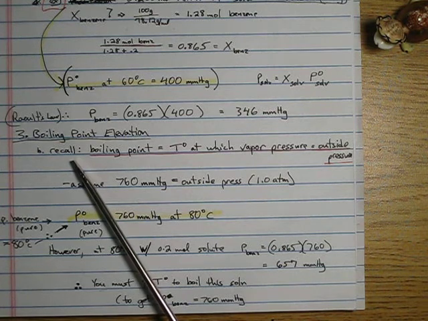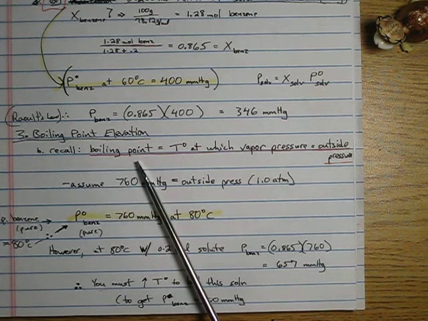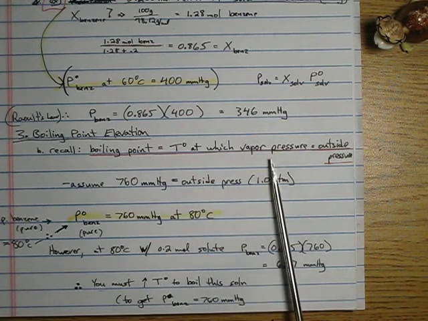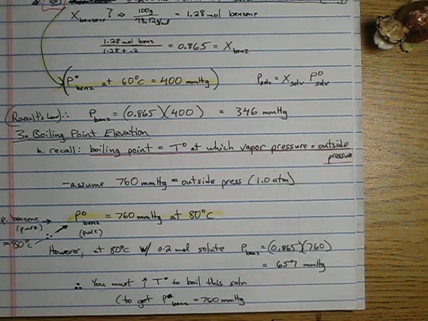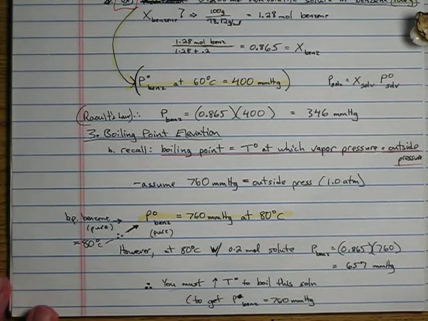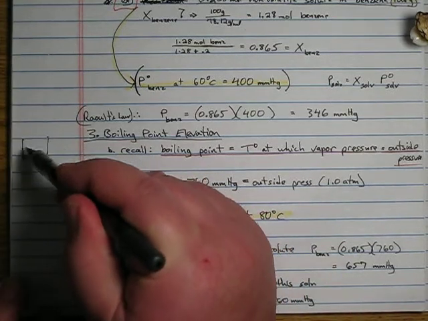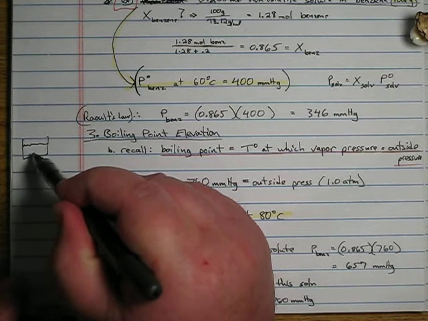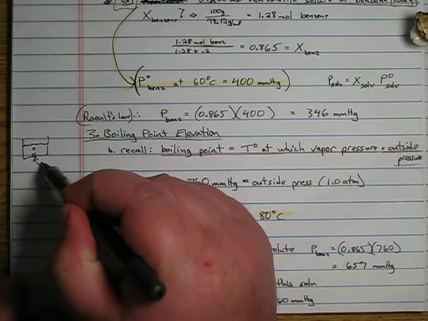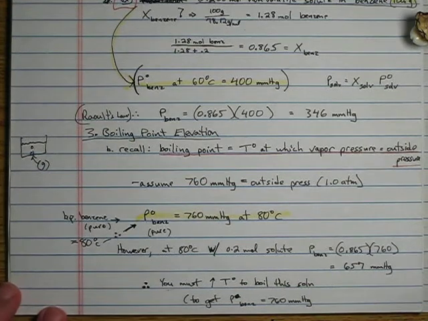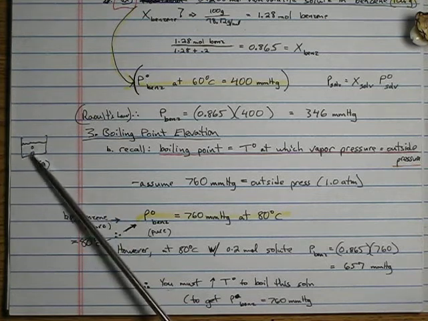Recall from previous chapters, the boiling point of any liquid is the temperature at which the vapor pressure equals the outside pressure. Recall, if you've got a pot of water and it is boiling, here's some water. It is boiling means all these gas bubbles are rising from the heat on the bottom to the surface. But if this is water in here, what's in this gas bubble? What is inside this bubble? Well, that's just water vapor. This is just a bubble of water vapor gas.